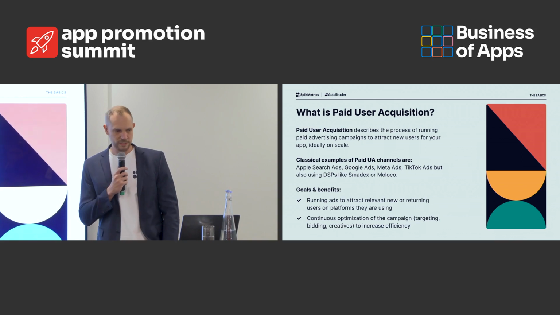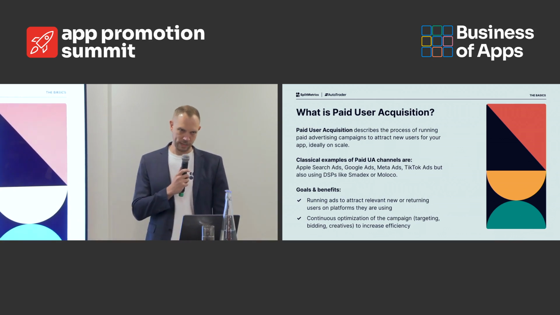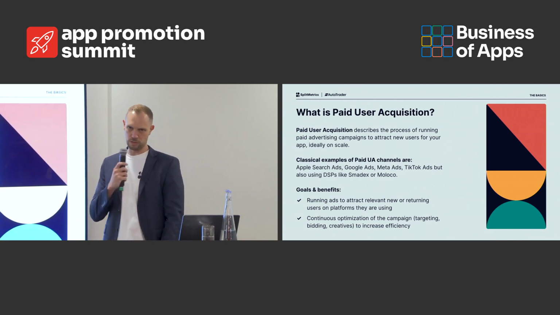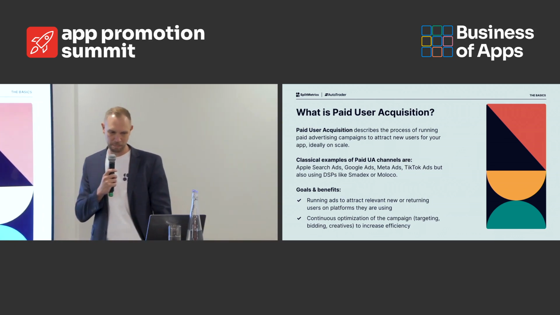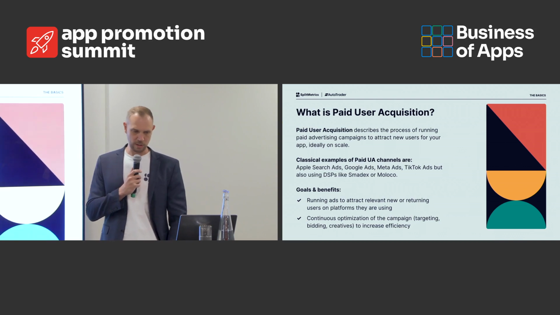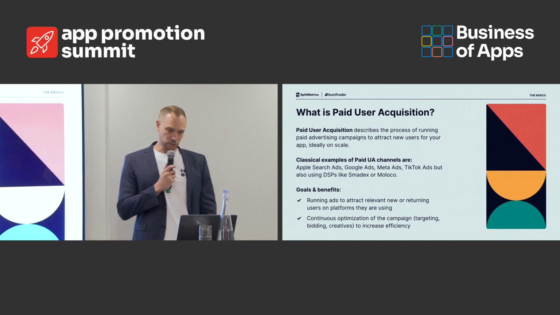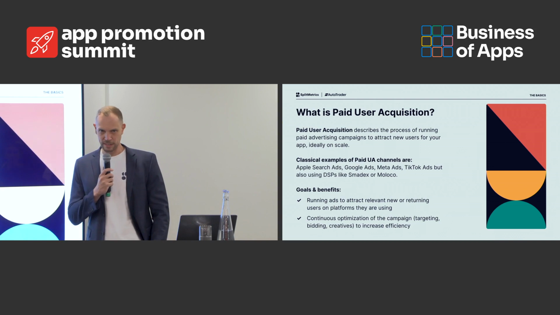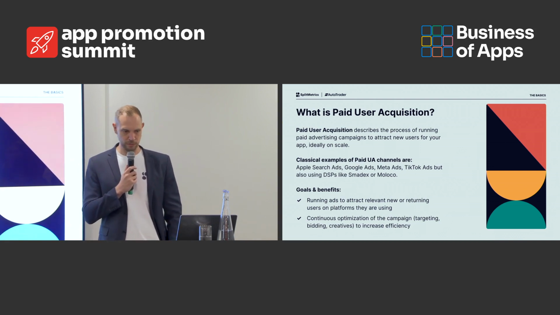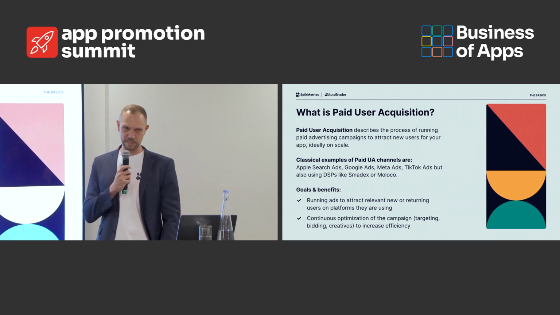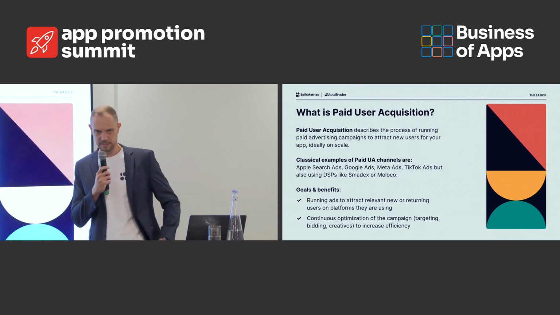You want to run ads to attract relevant new or returning users on the platforms where you think they are, so that they download your app. It is a continuous optimization process of the campaigns, with the goal of increasing efficiency, or in other words saving costs by continuously optimizing the targeting, the bidding, as well as the creatives.